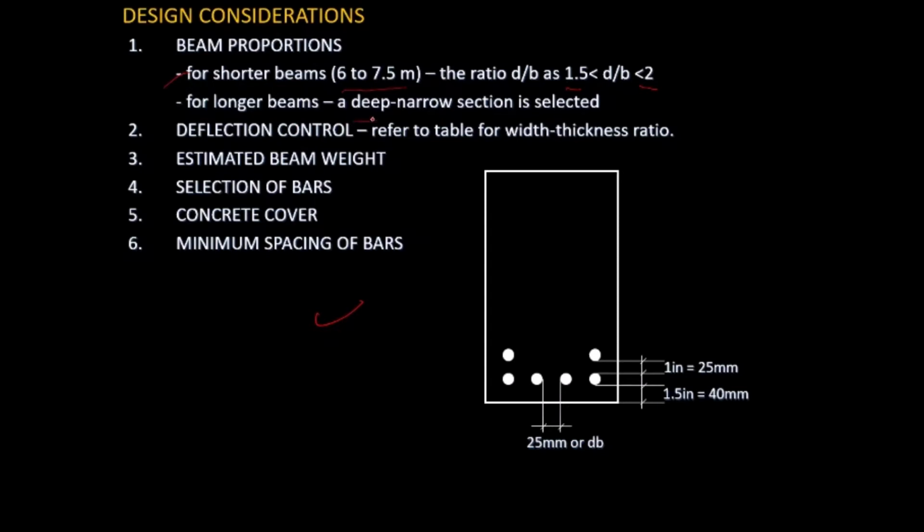For mga deep beams, we have the deflection control. Okay, then we are going to refer the table with the thickness ratio. Mamaya makikita niyo. Then estimated beam weight, selection of bars, concrete cover, and minimum spacing of bars.